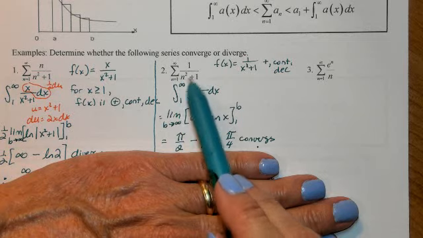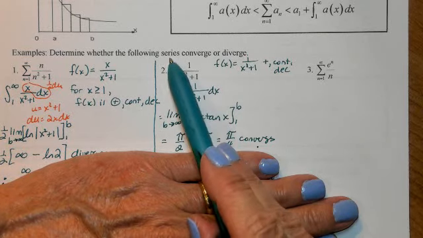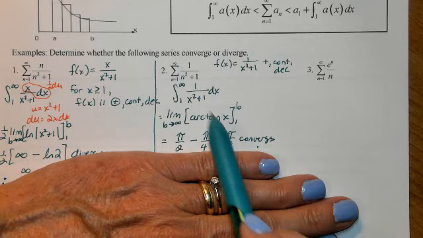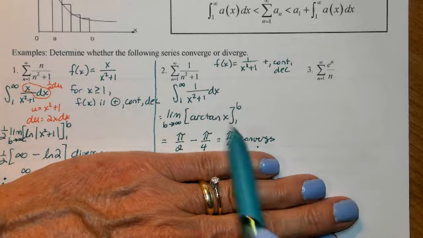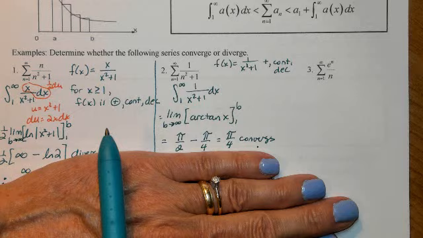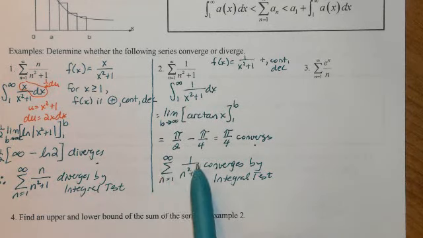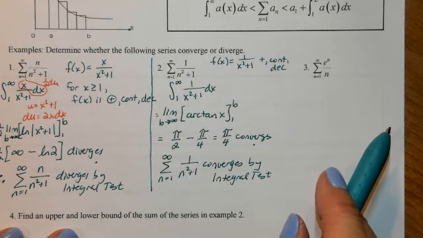You have not told me anything about the series. We're trying to figure out, does the series converge or diverge? If you stop here, you're only telling me that the integral converged. You've never answered the question. So tell me that the series, you can even write out the word the series, converges by integral test. That's fine.